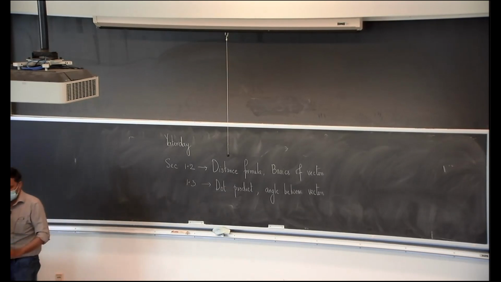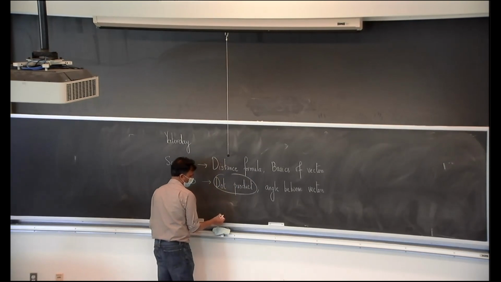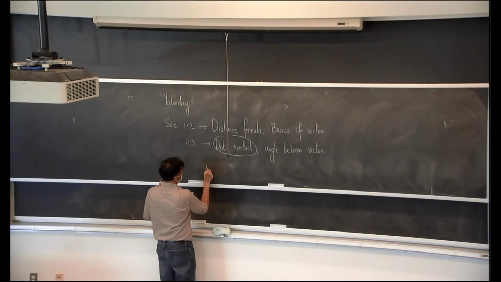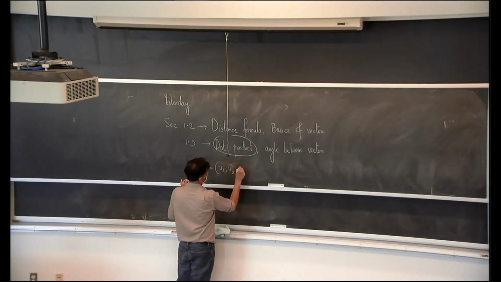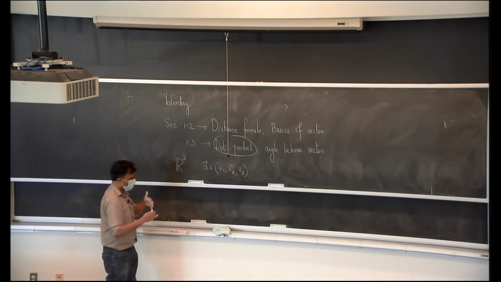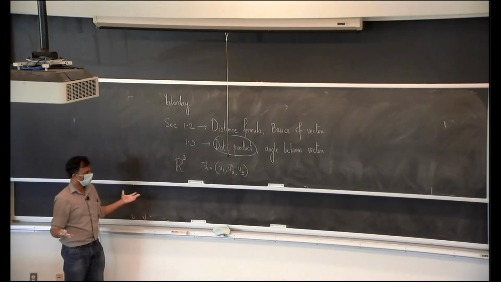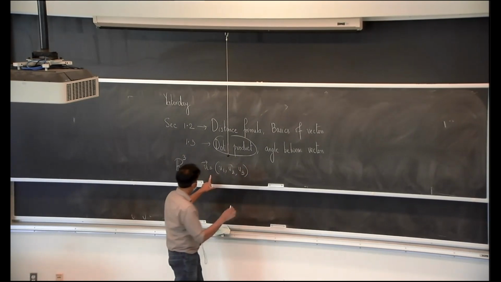Let's write down what we were doing. The dot product of two vectors: if you have, say, u equal to (u1, u2, u3), let's just talk about R3. I think the textbook has written it for a general vector in Rn, but since we are going to mostly deal with R2 or R3, I'll just write it for R3.